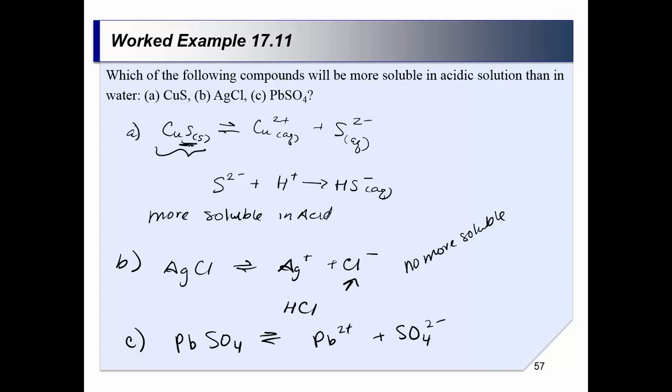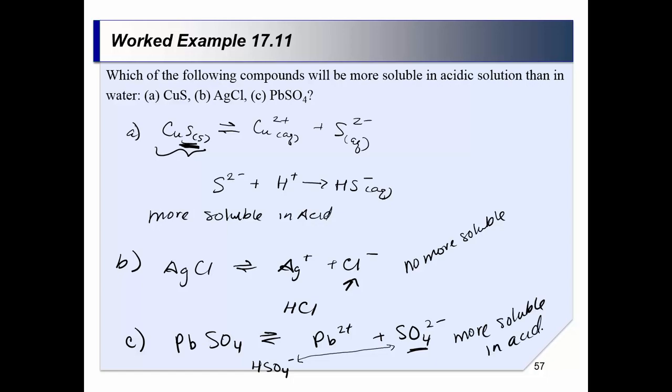Now, the sulfate is a conjugate base of that acid, and this one isn't the strong acid. This is. So because it's the conjugate base of a weak acid, this is more soluble in the acid.